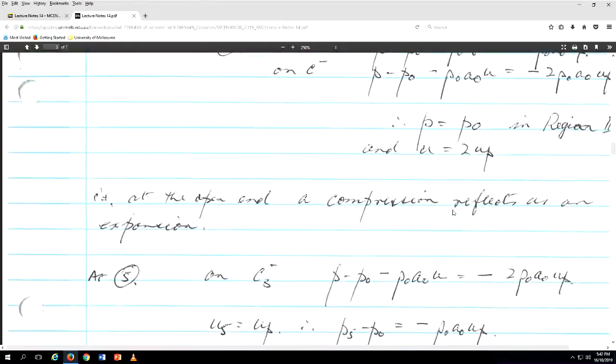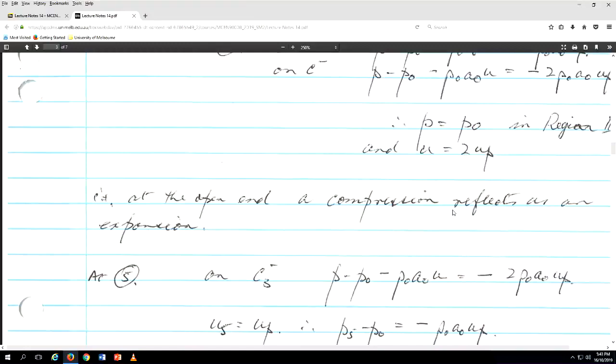So what happens? Well, I don't want to belabor this. Gary? Yes? How is it that you get the reflection from the open end? Well, because what is prescribed at the open end is not the velocity, but the pressure. And that's not the pressure behind the wave. So you had the wave coming up to the open end, but the open end requires the pressure to be 0.